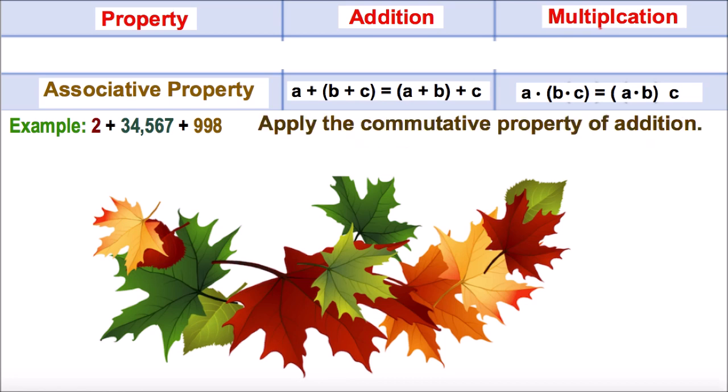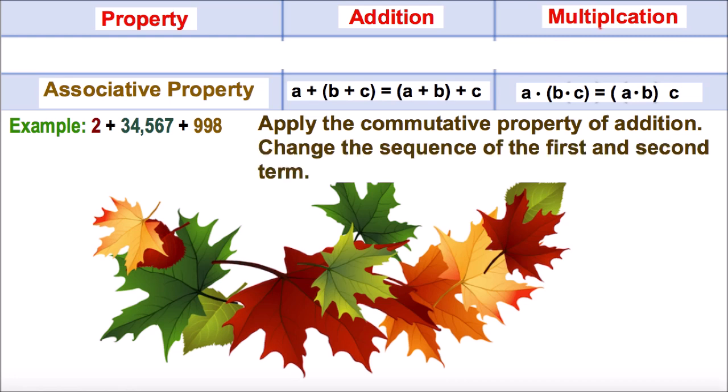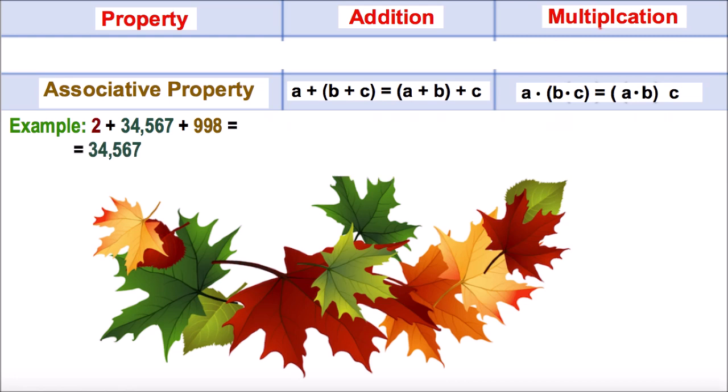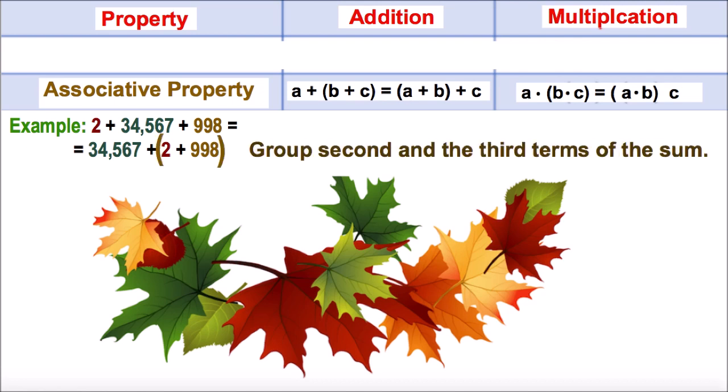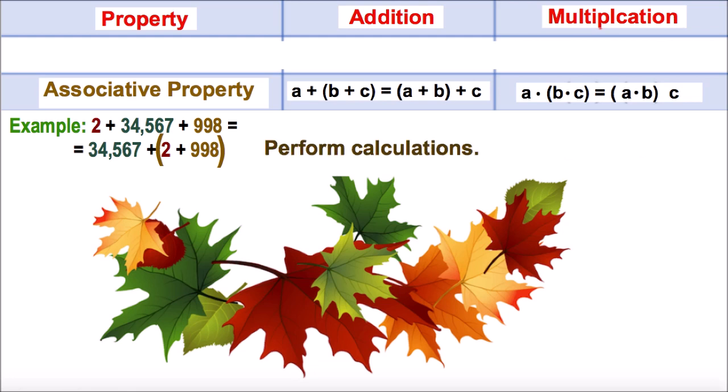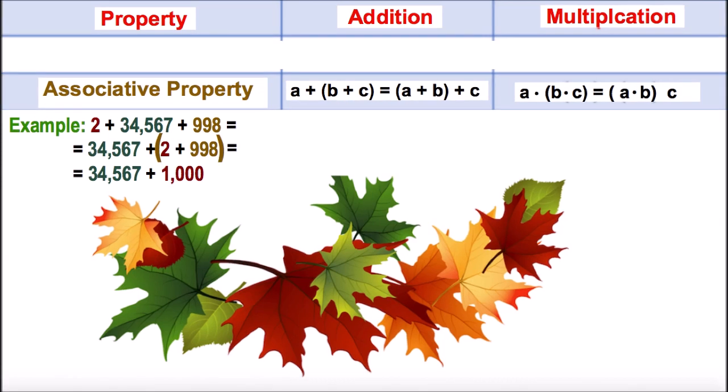So let's apply the commutative property of addition and change the sequence of the first and second terms, obtaining 34,567 plus 2 plus 998. Applying the associative property of addition, grouping the second and third terms of this sum, and performing calculations, 34,567 plus 1,000 equals 35,567.